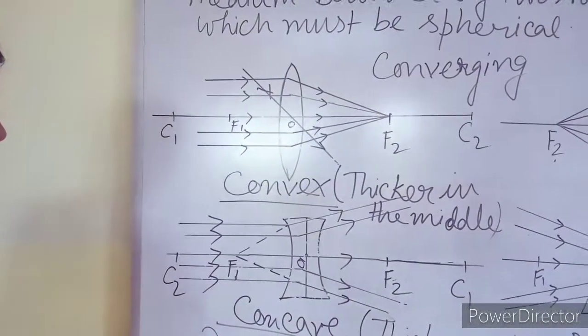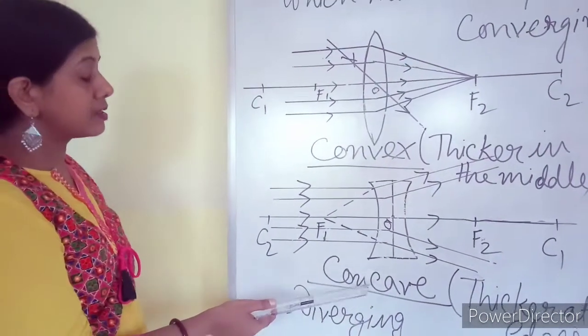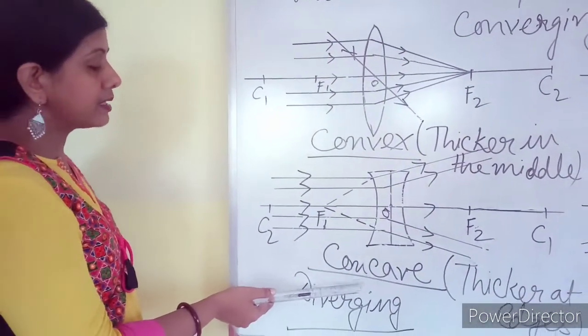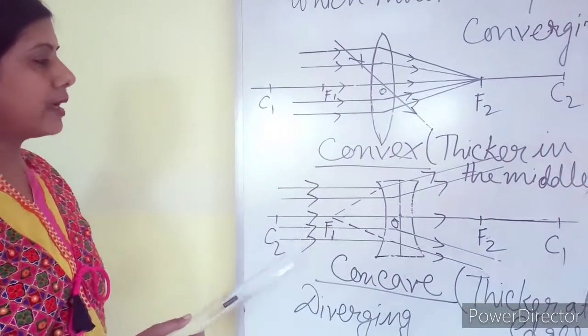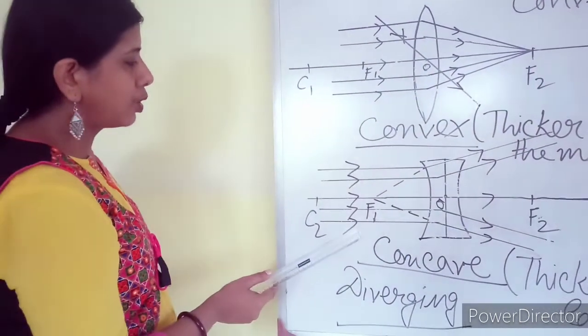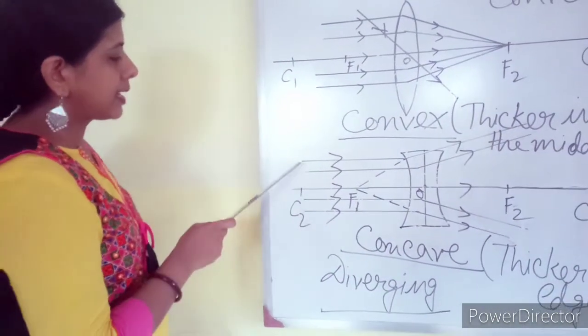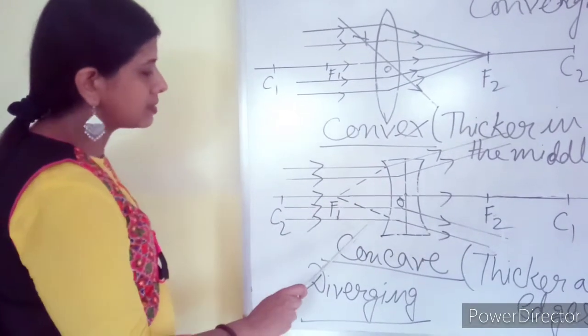Similarly, in case of a concave lens, I have already told you that rays of light will diverge after refraction. So this is my figure, these rays of light are falling on the lens.